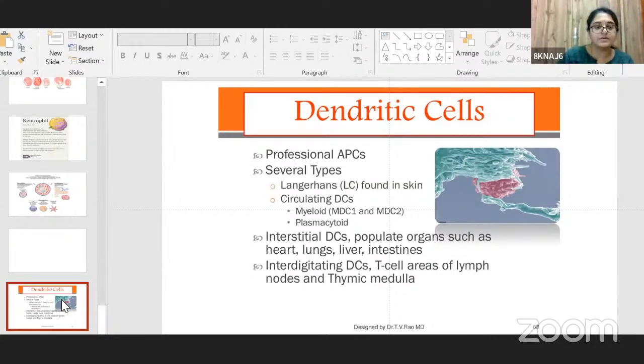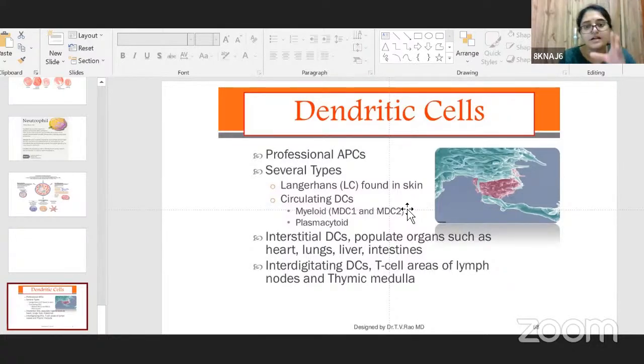Each arises from the dendritic stem cell precursor, and different pathways in different locations give rise to different kinds of dendritic cells. So whenever there is an invasion by microbes, or there is inflammation, immature forms of Langerhans cells and interstitial dendritic cells go into the draining lymph nodes.